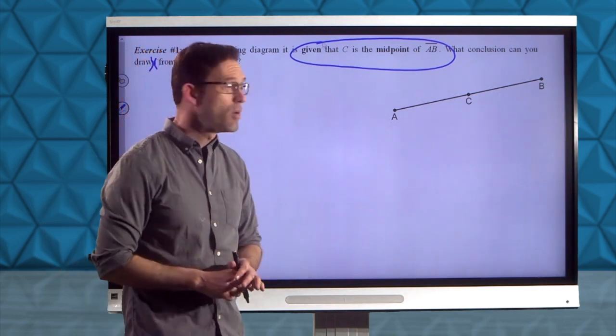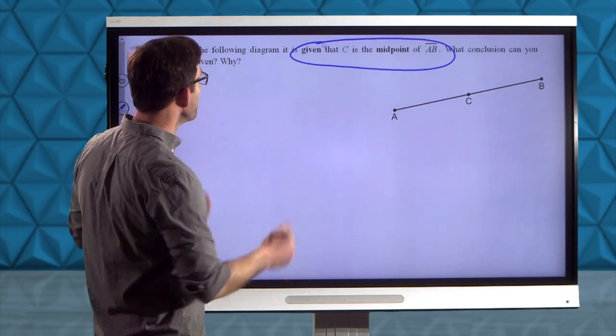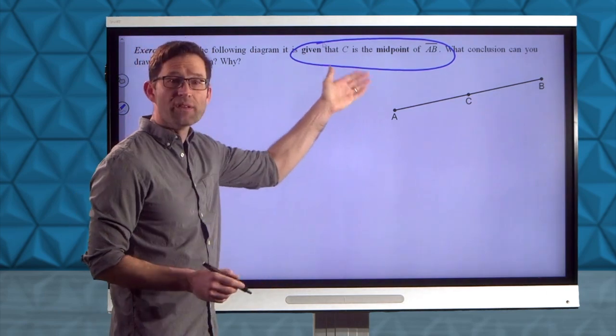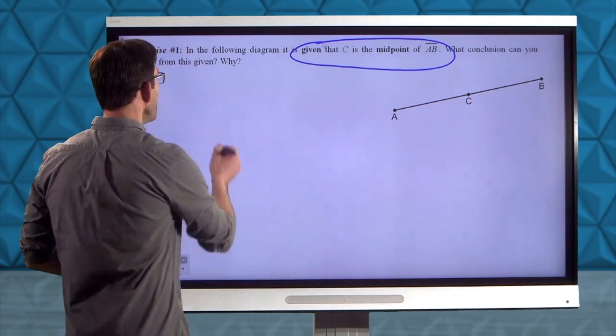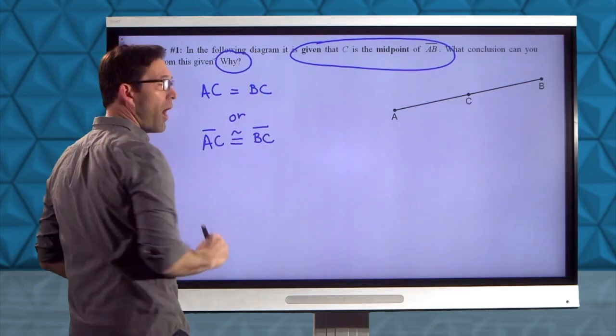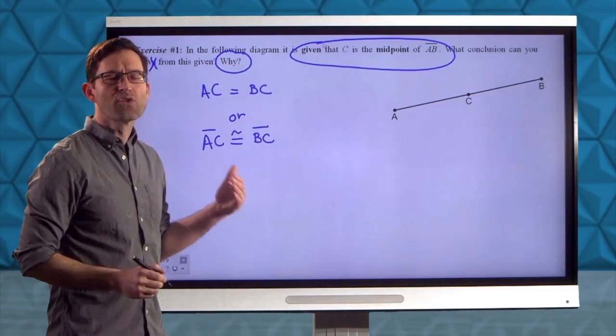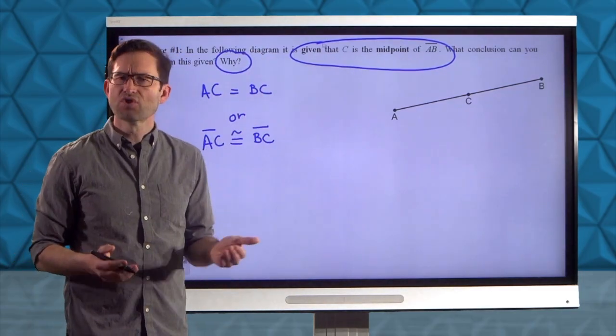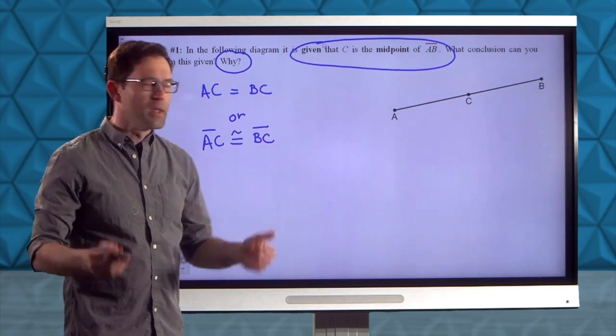Let's do it. So, what can we really say from this given? If I'm told that C is the midpoint of AB, then what I should be able to say is either AC is equal to BC, or pretty much equivalently, segment AC is congruent to segment BC. Now, why? The why is the reason, and the reason really is just basically what a midpoint is.